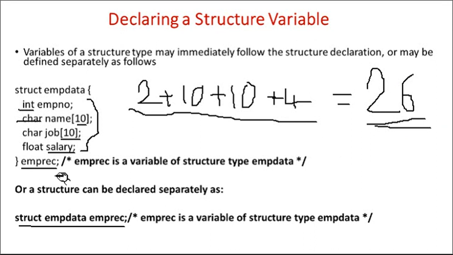Since only one variable is there, 26 bytes will be required, and all these members will be stored in a sequential manner. If someone writes emp rec of 2, meaning an array of structures, then we just need to multiply this 26 by 2. This is how structure variable declaration is done.